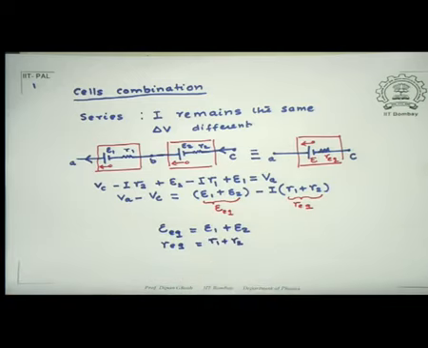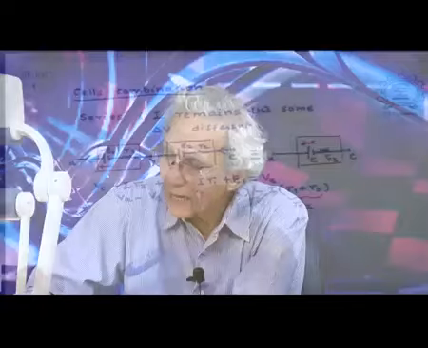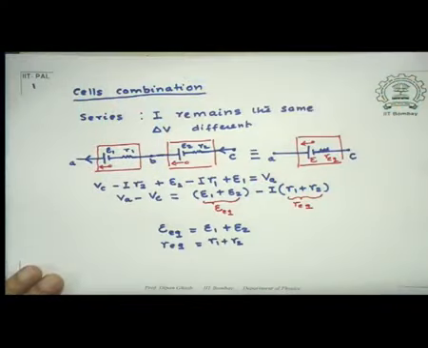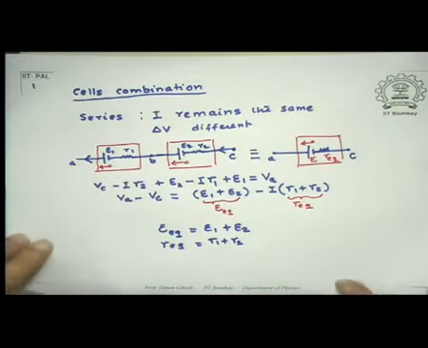Now supposing I had instead of this combination, I had connected the polarities differently, and let us suppose I had this combination here. So what we have is a situation like this.